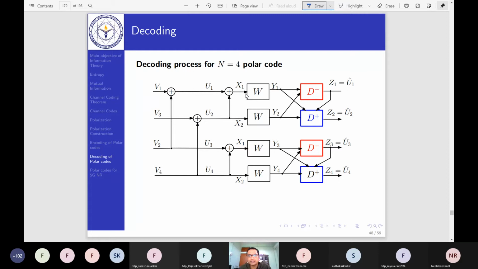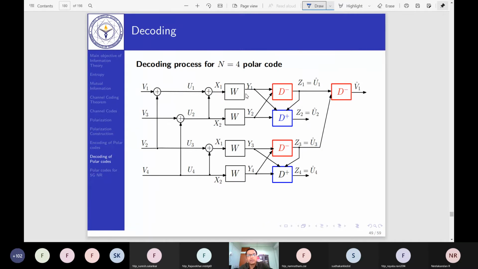As I said, D minus is used to estimate the bit at the upper layer of every XOR summation, and D plus is used to obtain the estimate of the lower bits. Here U1 hat, U2 hat, U3 hat, U4 hat are obtained. Now we have to find out the estimated bits of the last layer. Similarly, P1 and P3 are similar, and they are the top layer of the modular summation.